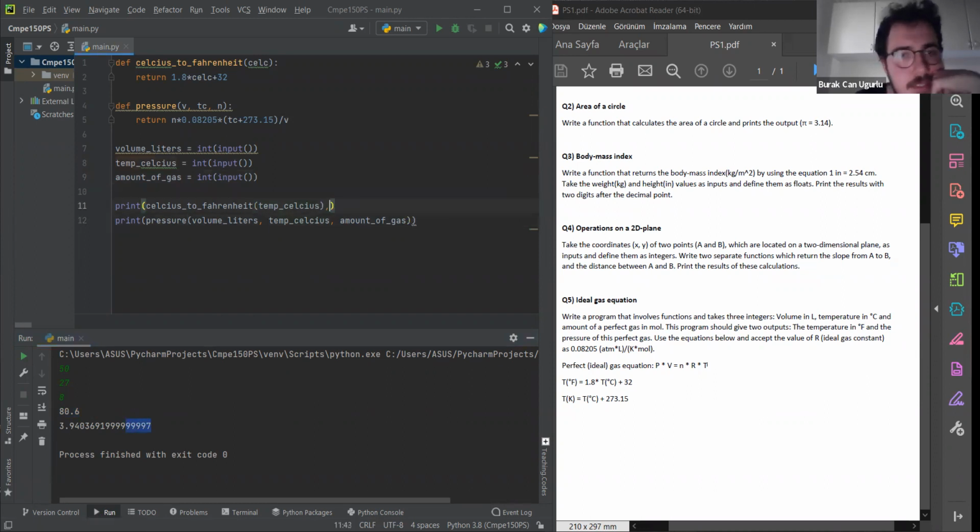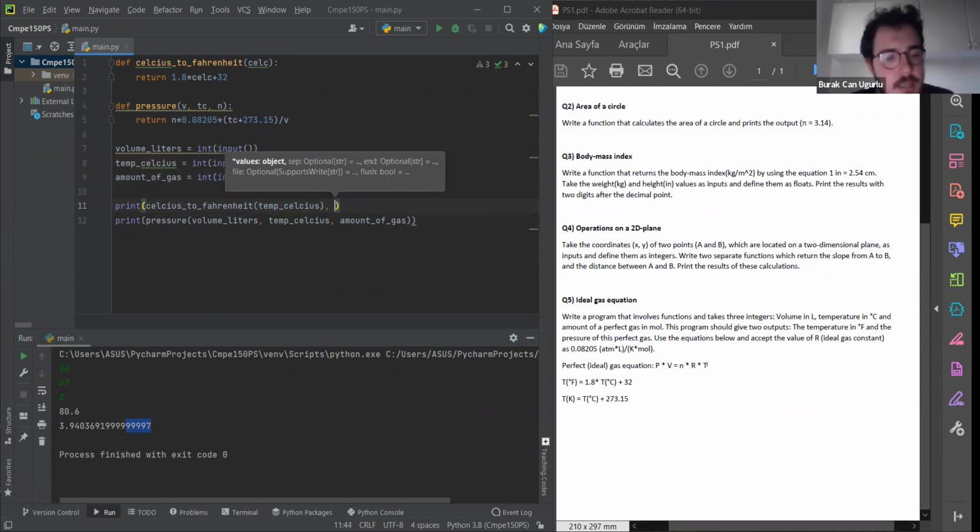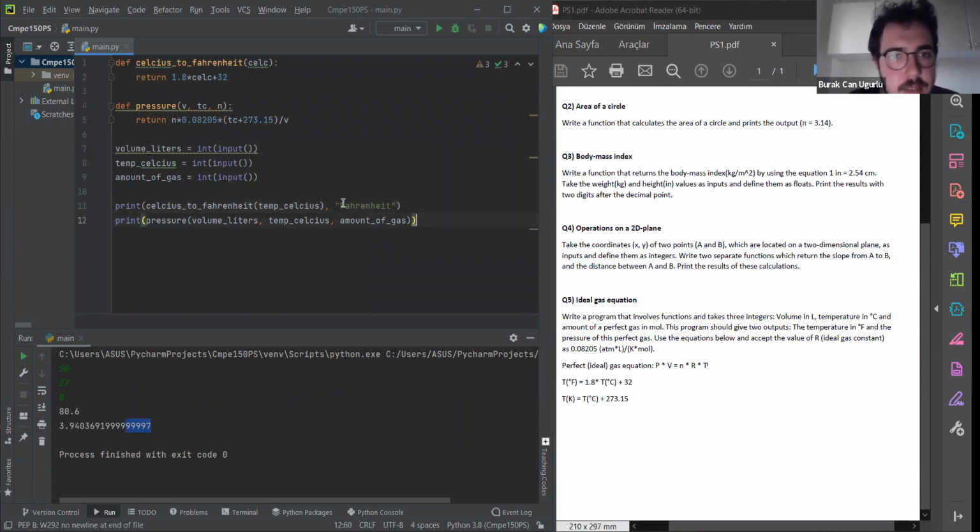The units are important in all of sciences and engineering. So I can write, for example, Fahrenheit. I don't know the shortcut for the degree sign. Sorry, I'm just writing Fahrenheit, and here atm.